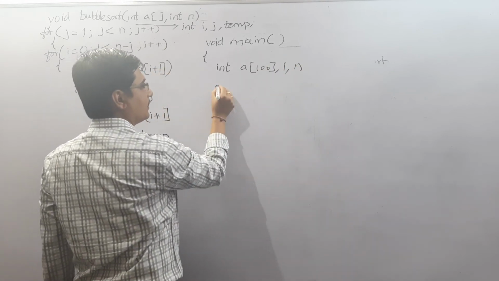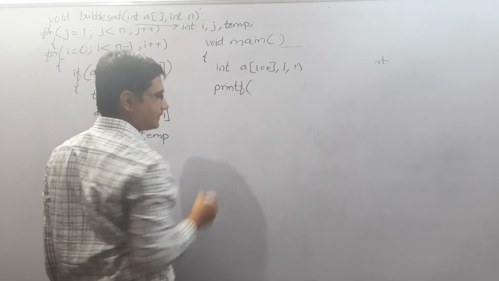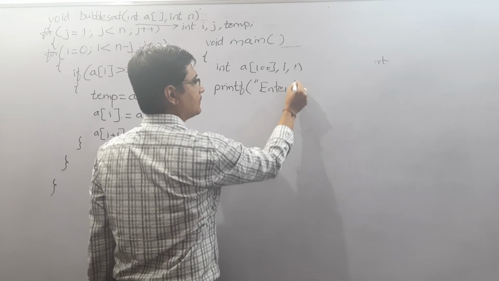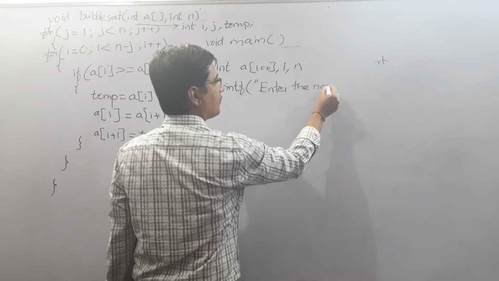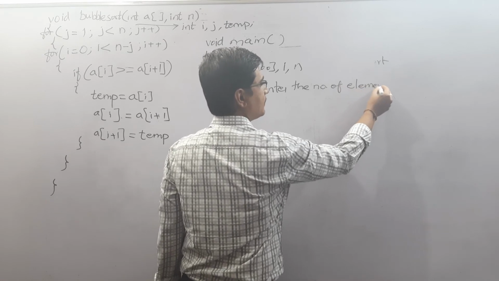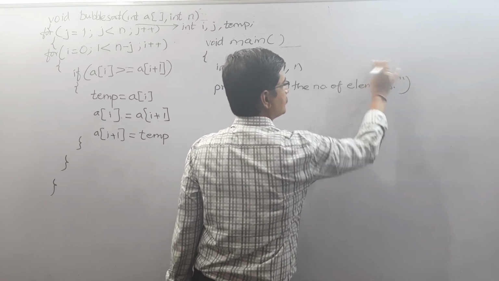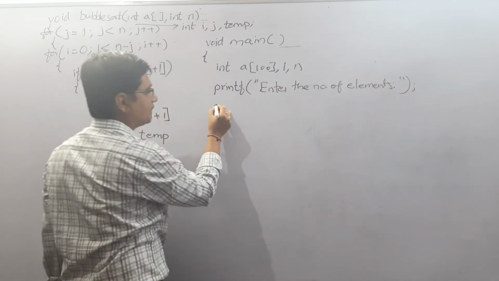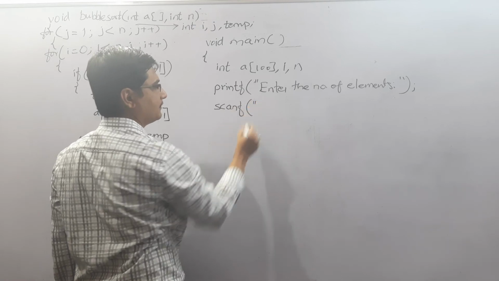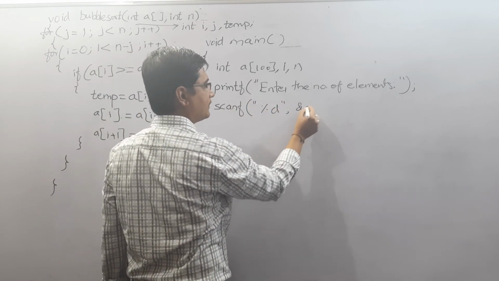You are going to ask the user how many elements are there in the array. Enter the number of elements. Read the number of elements using scanf, %d and n.